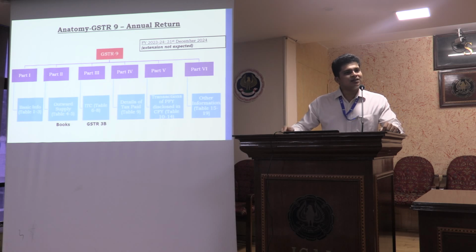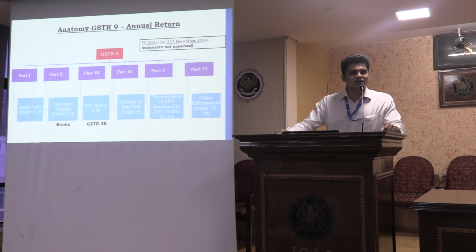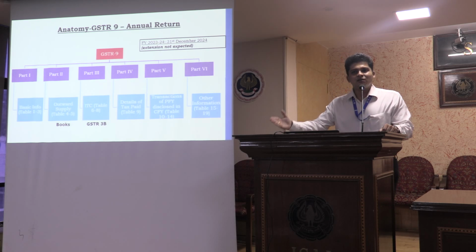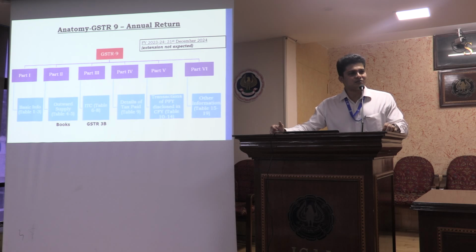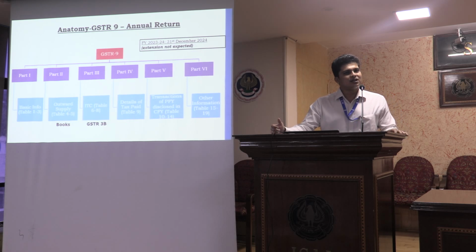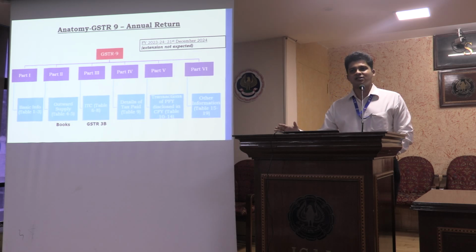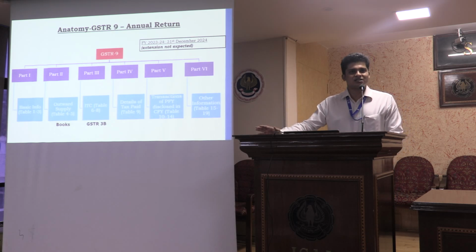Keeping that in mind, the next table, which is ITC reversal, follows again the books basis. So what the department is saying is, you need to disclose any form of additional liability in the GSTR 9, but if you have missed out any claims, you cannot do it through the GSTR 9.